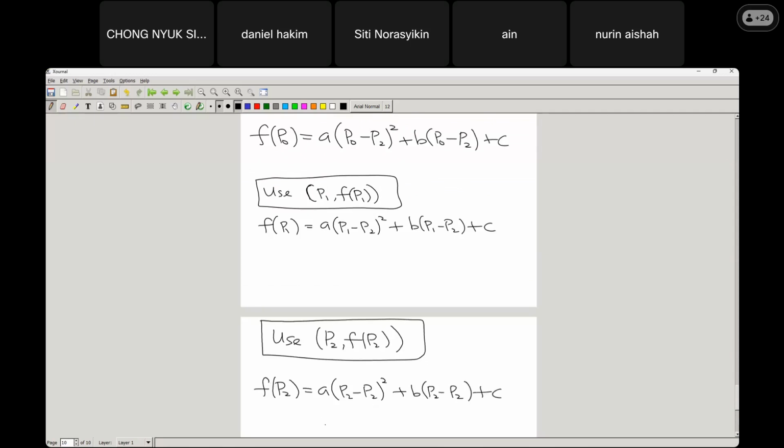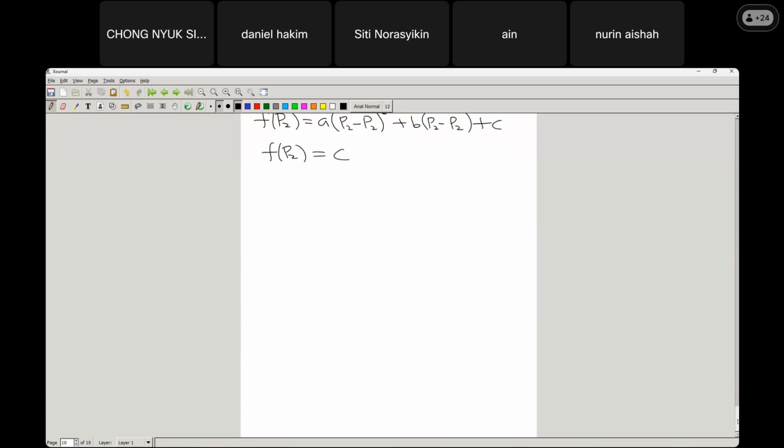Since p2 minus p2 is 0, we have f(p2) equal to c. I prefer you to write c equal to f(p2), because c is unknown and f(p2) is a known value. So now you get your c.